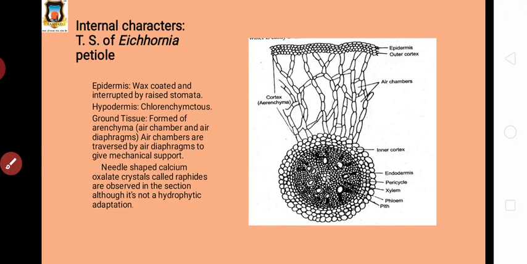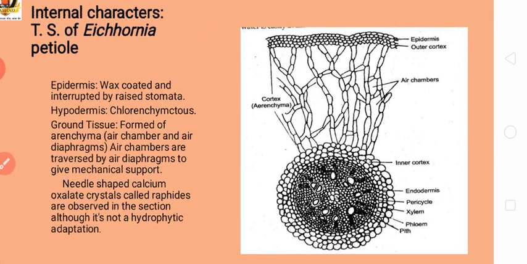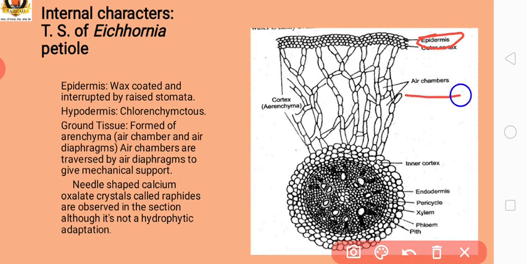Then the internal characters of Eichhornia. First is the outer epidermis. The epidermis is wax coated and interrupted by raised stomata. In the hypodermis, chlorenchymatous cells are present. Then the air chambers are present.